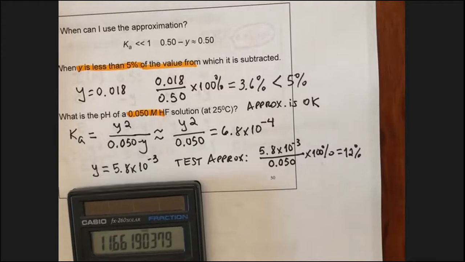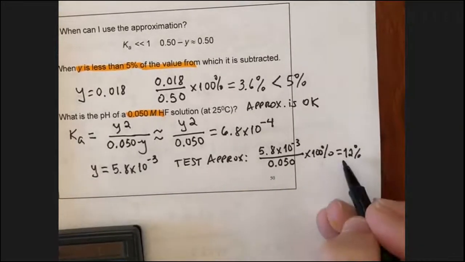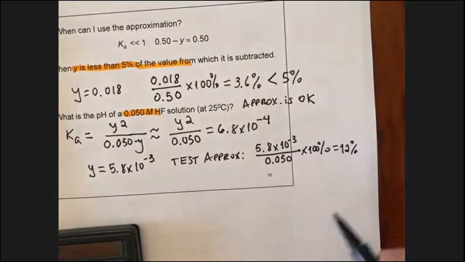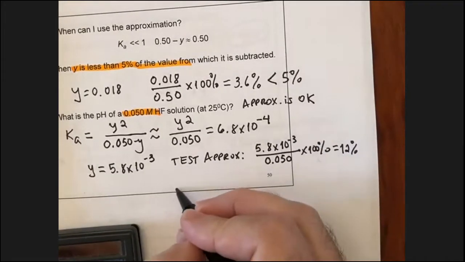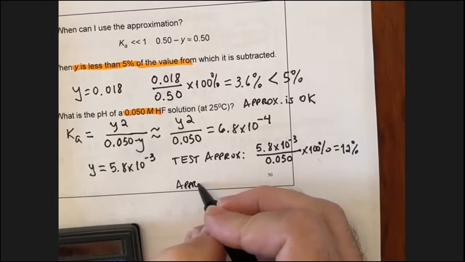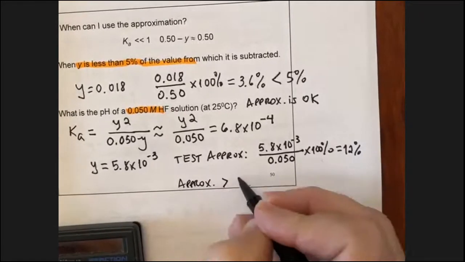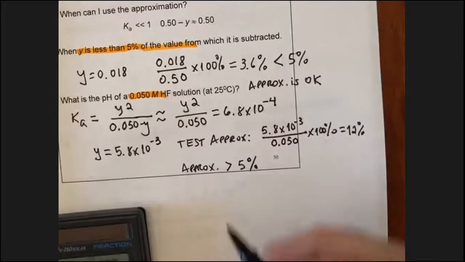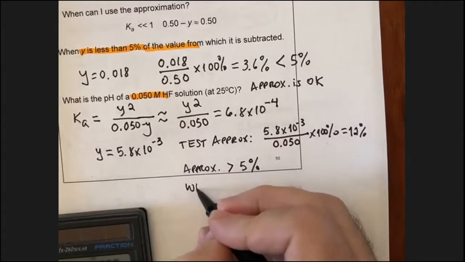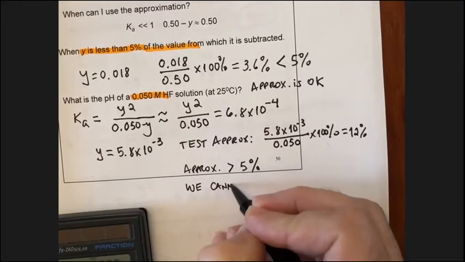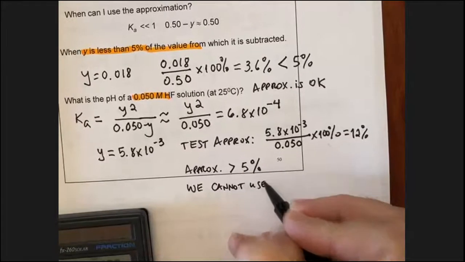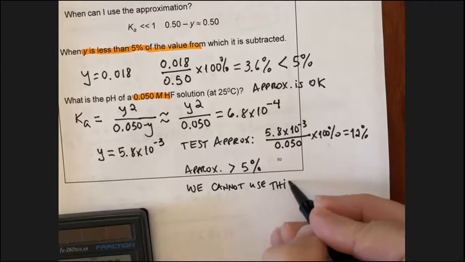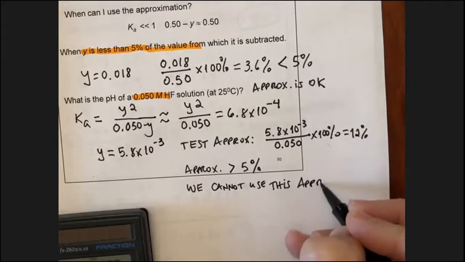So as you can see in this case, because that value is 12%, it's more than 5%. In other words, the approximation gives you more than 5%. Therefore, we cannot use this approximation.